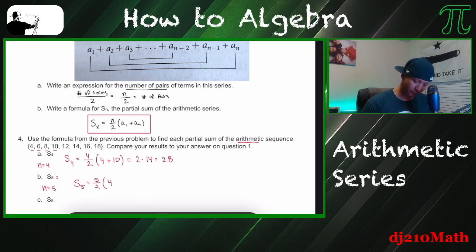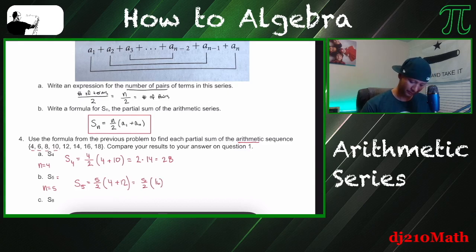Here, the fifth term, a sub n, a sub 5, is going to be 12. So this is 5 over 2 times 4 plus 12, 16, which is going to be, so 8. So 5 times 8 is 40.